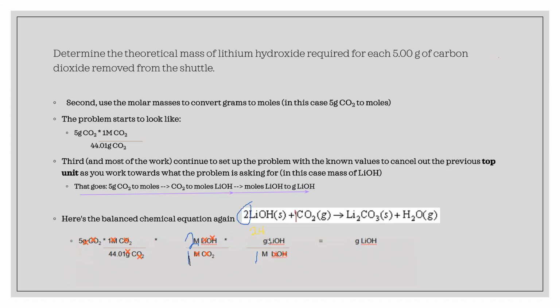And in the end, all that's left is grams of lithium hydroxide. And I know it's weird. I don't expect everybody to get it solid yet. And then the rest is what we affectionately call plug and chug, where you just plug all of the numbers into your calculator and you go.